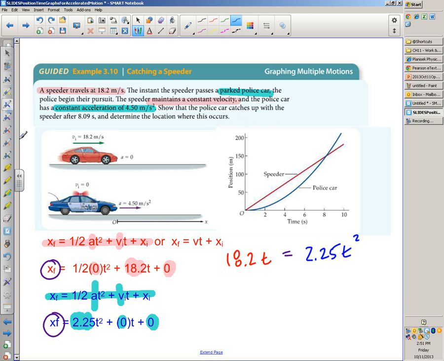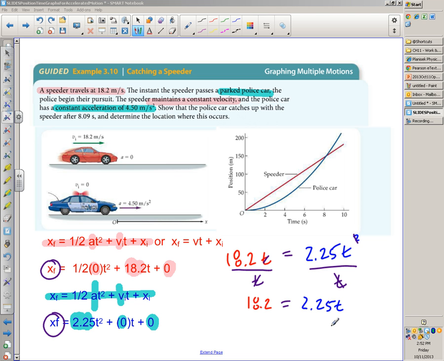So, mathematically, we can divide this side by t and those t's cancel. Now we divide this side by t, this t cancels, but only one of those t's cancels, right? And now we're left with 18.2 equals 2.25t. And I think you guys could probably handle that one.